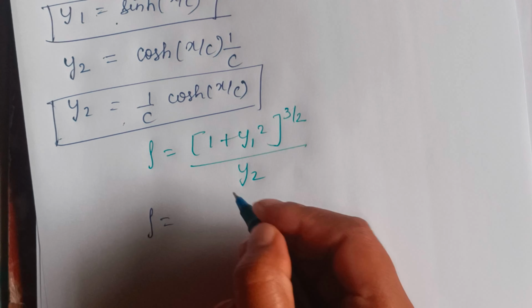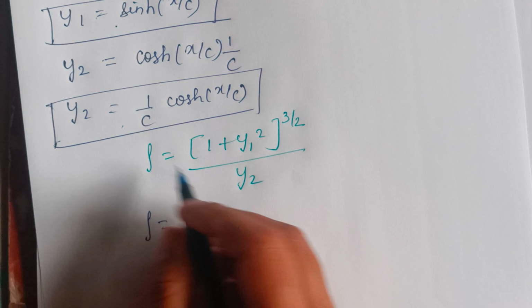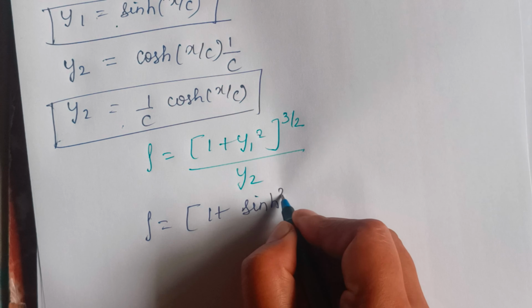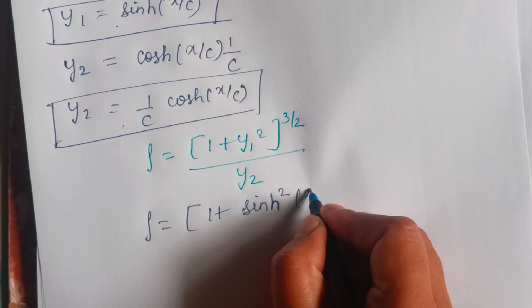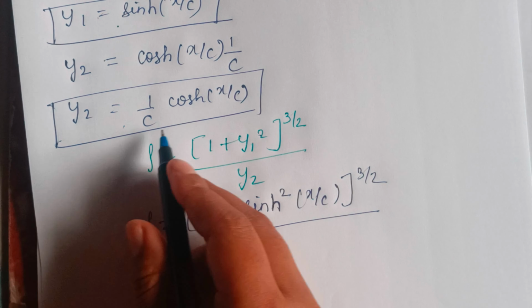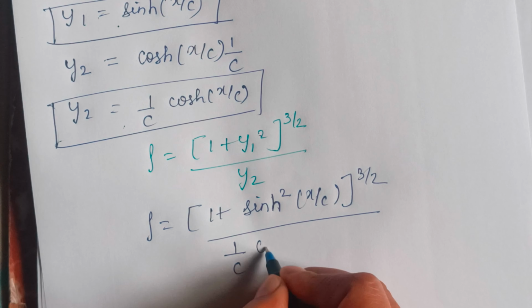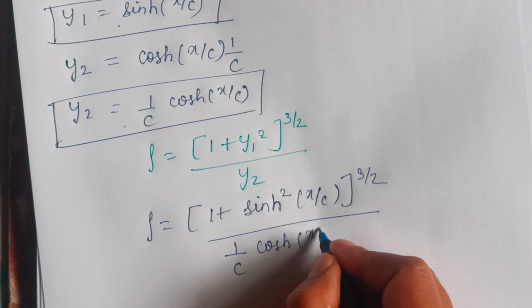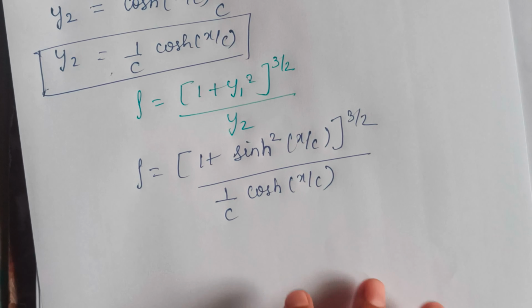Now we will substitute y1 and y2 in this formula and get the radius of curvature. So radius of curvature equals 1 plus y1, which is sine hyperbolic, here we have the square, so sine hyperbolic square x by c, whole to the power 3 by 2 divided by y2, which is 1 by c cos hyperbolic x by c. Done.